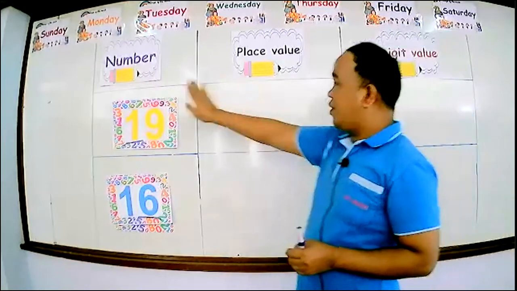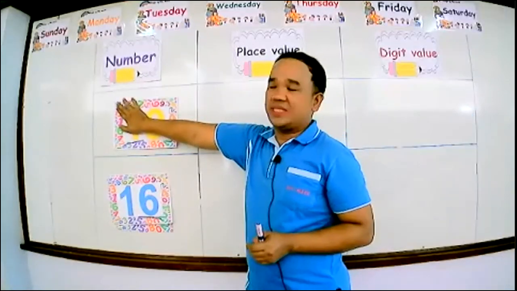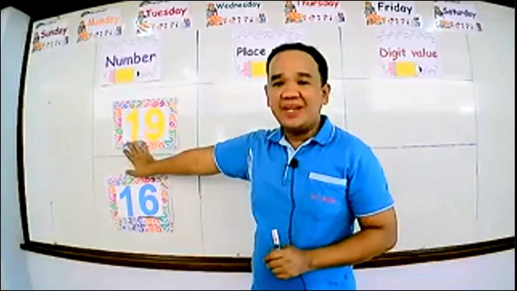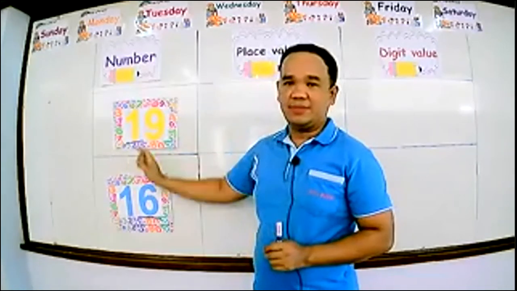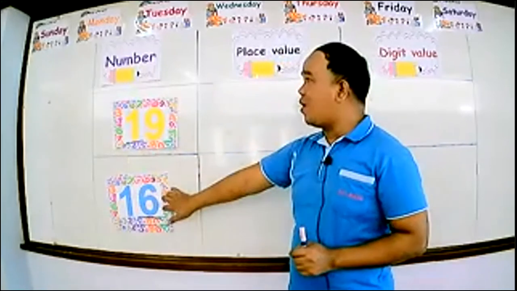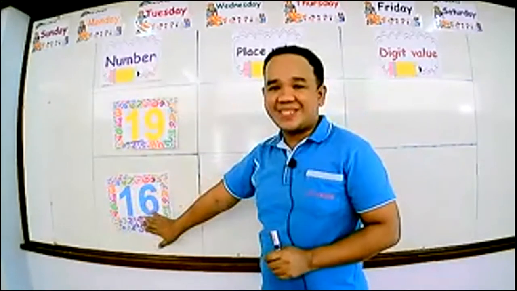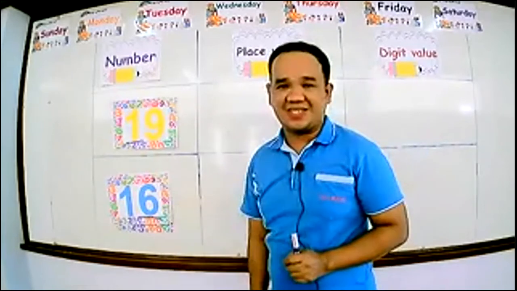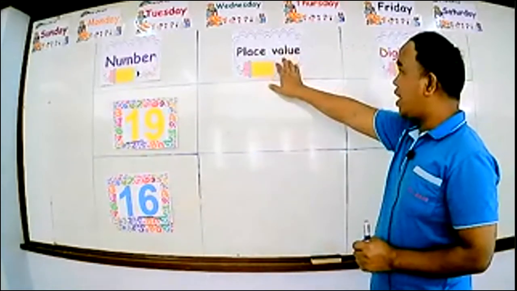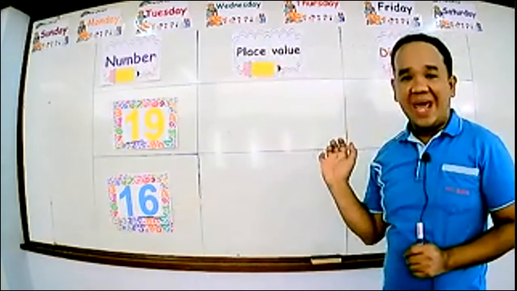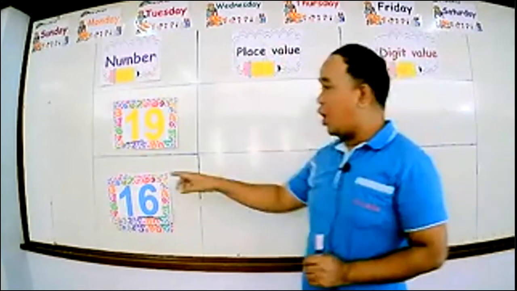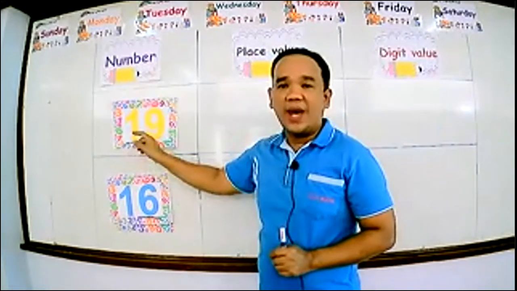So our first example here is the number 19. The underlined number is 1. And another one, number 16. Our underlined number is 6. Now, question, what is the place value of the underlined number 1?